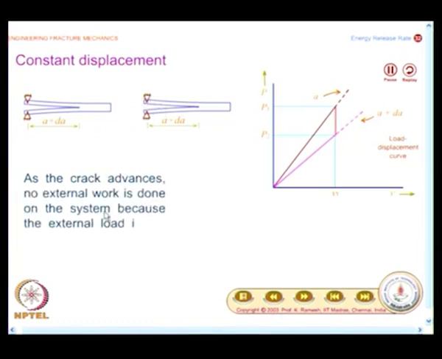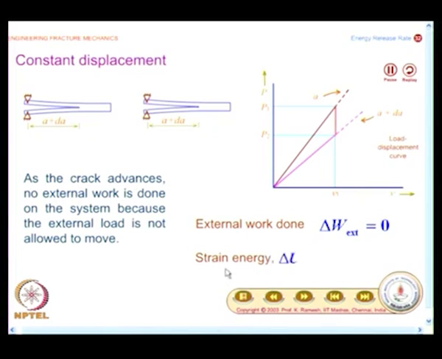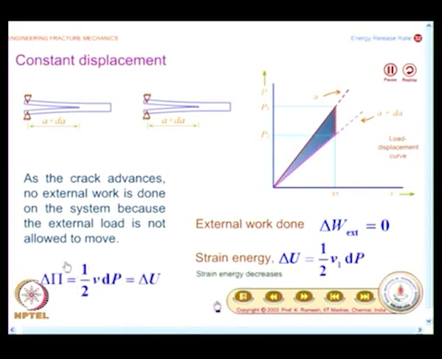In view of this, external work done is 0, and you get the change in strain energy by looking at the final strain energy and the initial strain energy, and you find strain energy has decreased in the process. And the potential energy that you get is equal to delta u, but this change is negative. And what is the energy availability? Again this triangle.